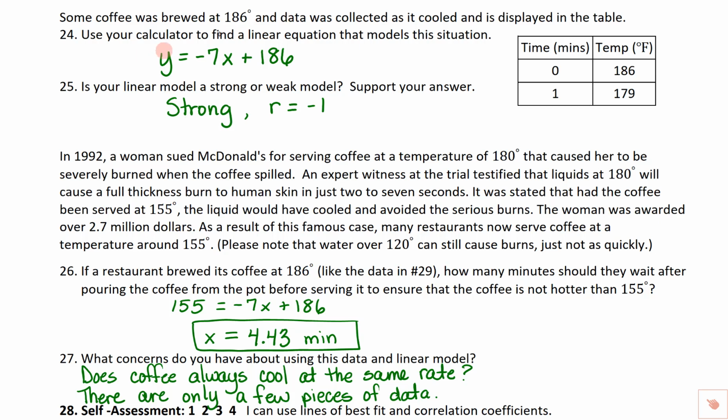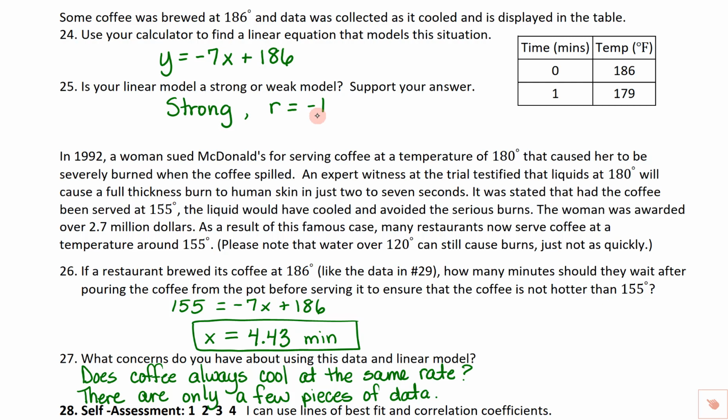So on number 24, we were given this data, so just 2 pieces of data. Then we were asked to figure out a linear regression model, and here's what we come up with from this data right here. And if you do this on your calculator, you actually get an R value of -1. So the equation is y equals -7x plus 186. Remember, we do need to know what the y-intercept and the slope represent on a problem, especially in a real-world problem.